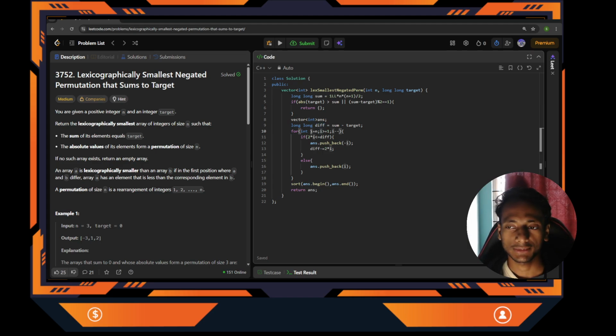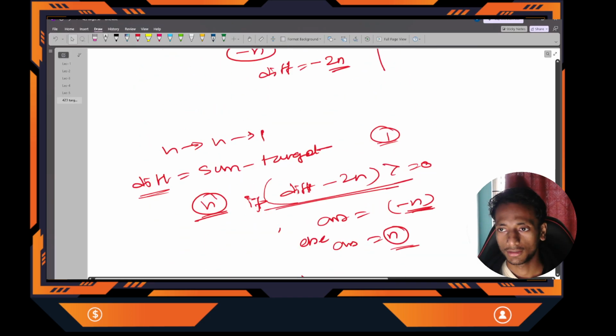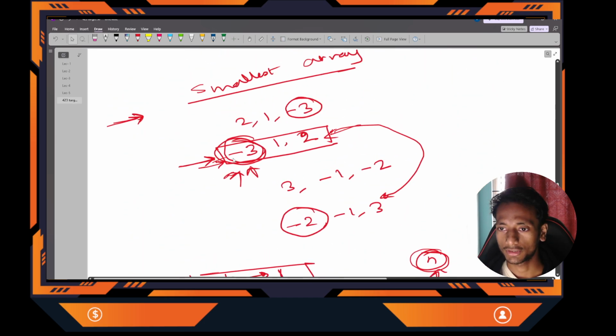I already explained why I have to decrease from the largest value, because it gives us the lexicographically smallest array. I have already shown it in an example. If I convert 2 to -2, then I will also have an answer array.